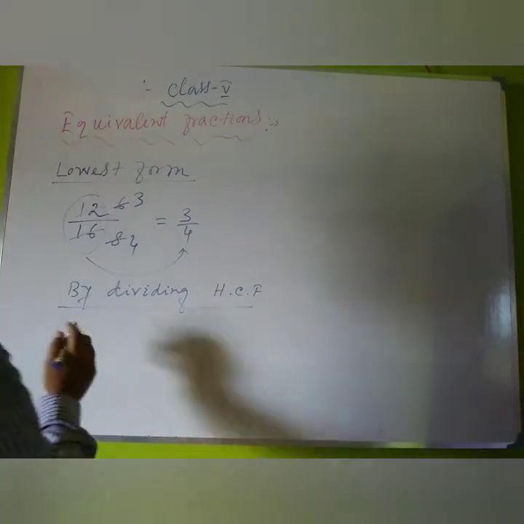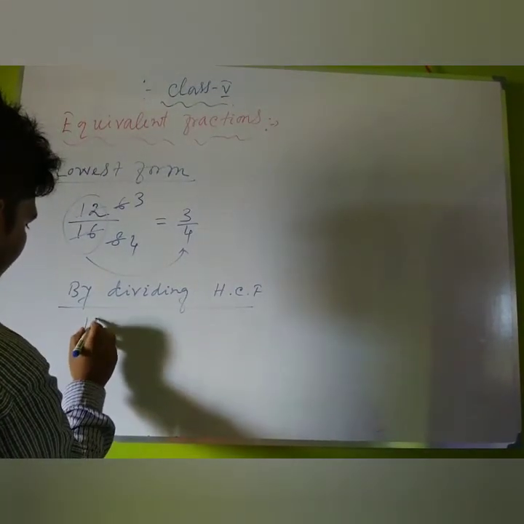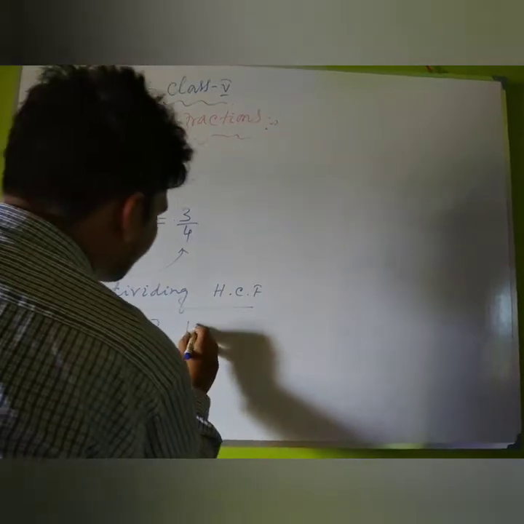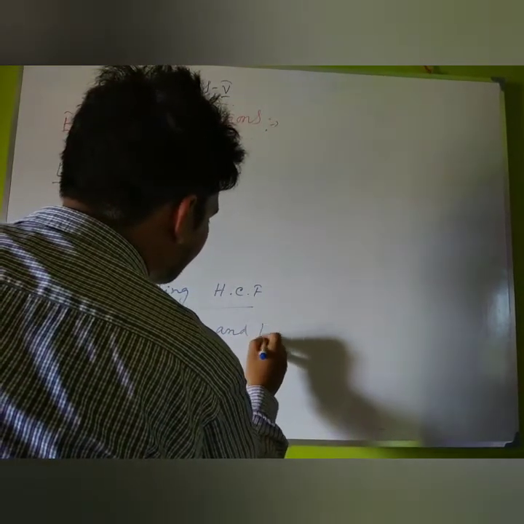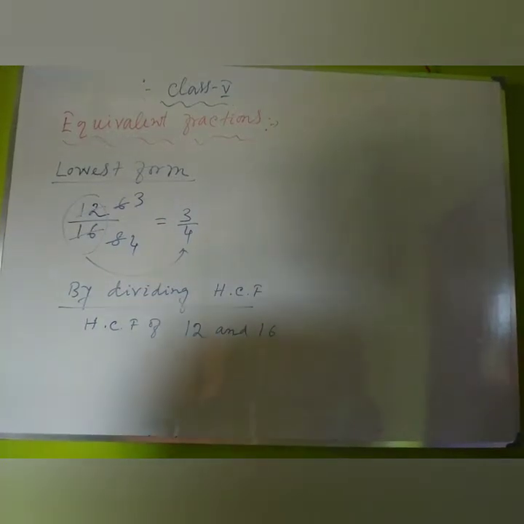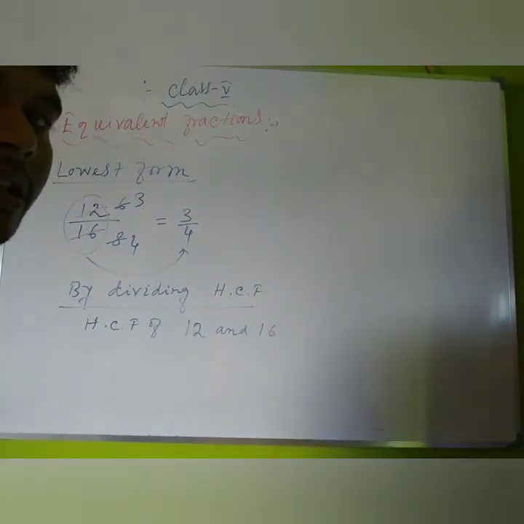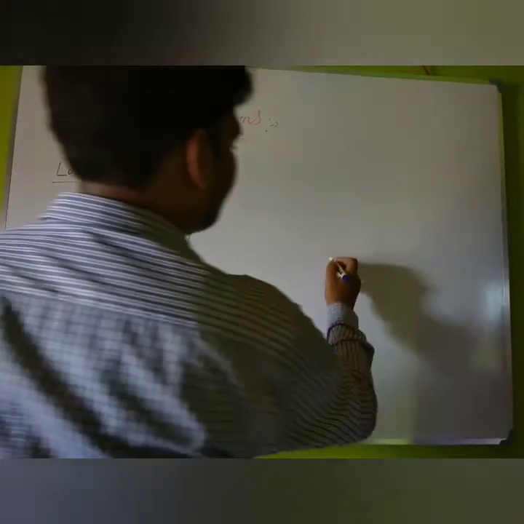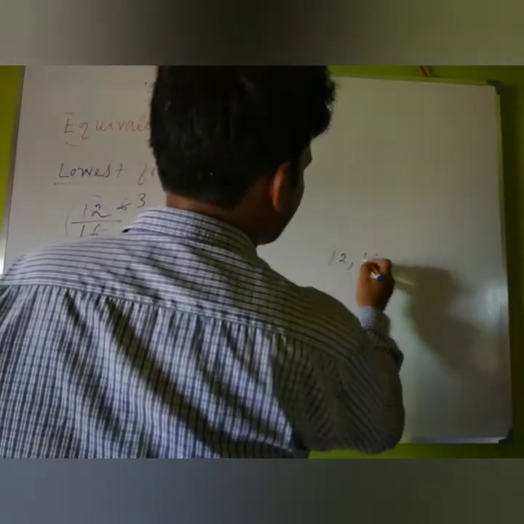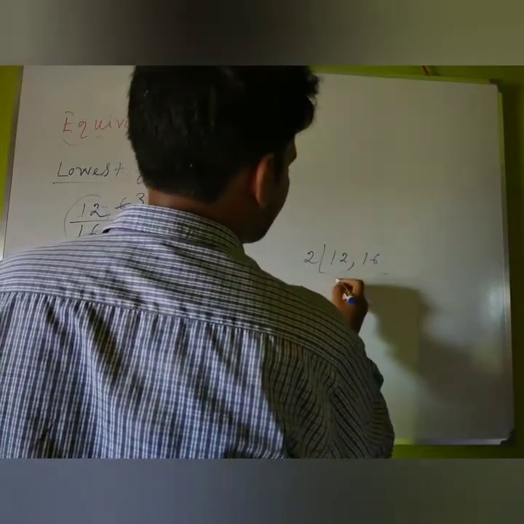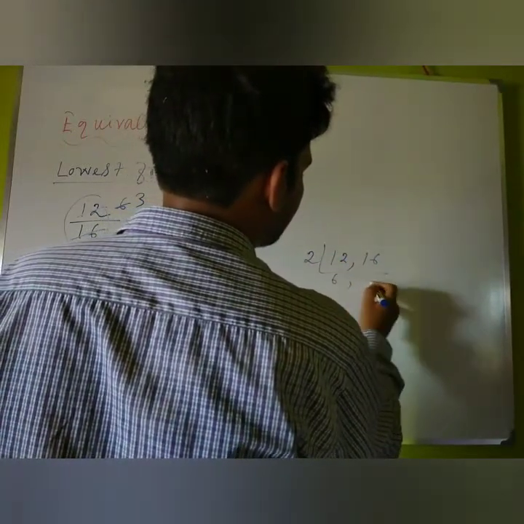Just to find the HCF of 12 and 16, you have to apply this method. 12, 16, you divide by 2 at first, then we get 6 and 8.